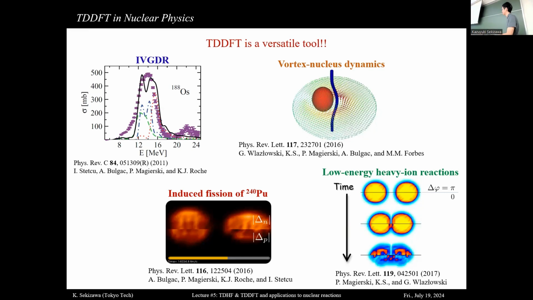So it is very powerful, but it's very computationally heavy. Without pairing correlations, it is like one day of calculation with 100 CPUs. And with pairing correlations, it will be much heavier, 100 or 1,000 times heavier.